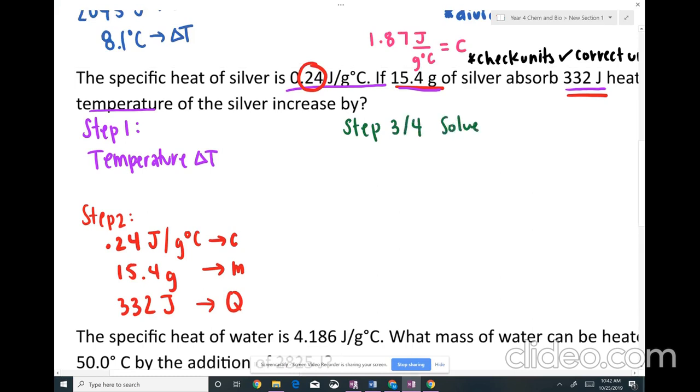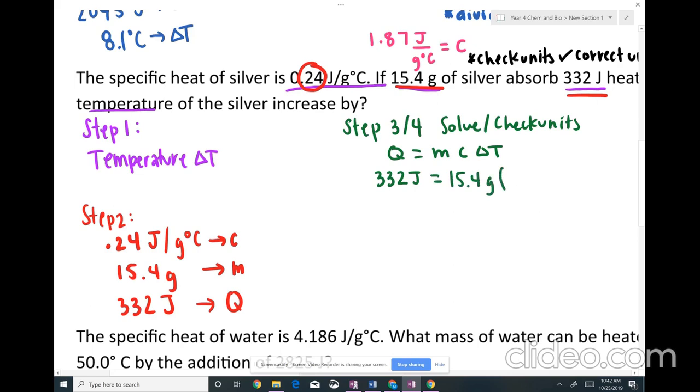We got to solve, check for units. So now I have Q is equal to mc delta T, right? I have my Q, which is in this case 332 joules, and it's equal to my m, which is in this case 15.4 grams.